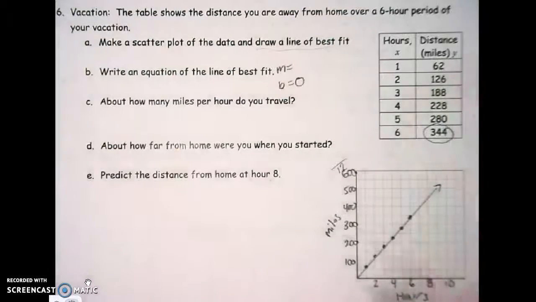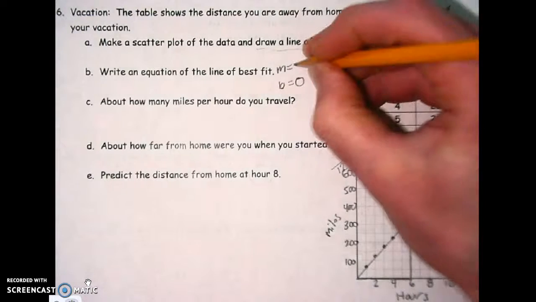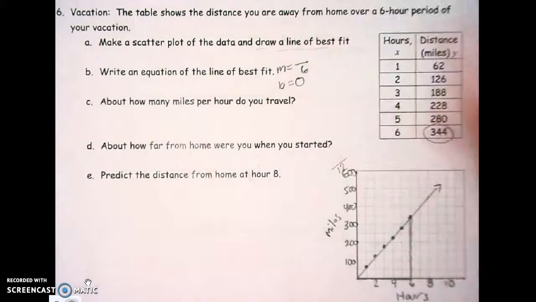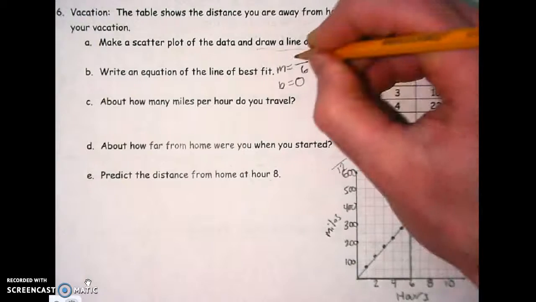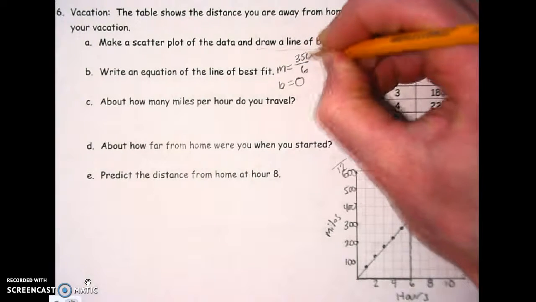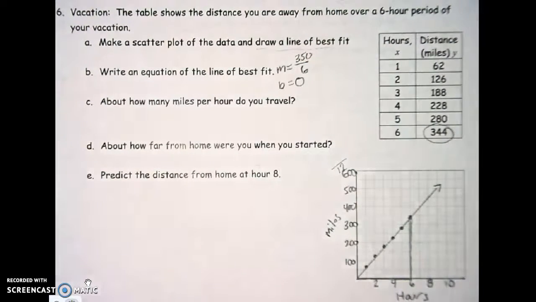And then for my slope, I'm going to make the biggest triangle I can from the data that I know. I'm going to go all the way over to 6 and up, starting at 0, 0. If you can make a slope starting at 0, 0, that's always really helpful. So I went over 6. That was my run. And my rise, I'm going to estimate here. I know it's exactly 344, but I'm just going to say 350. Over 6 and up 350, just to keep it easy. It doesn't have to be perfect.